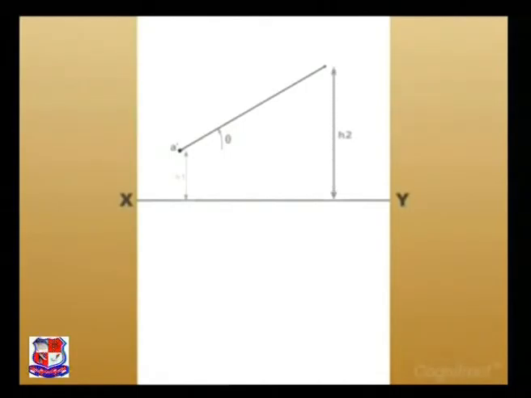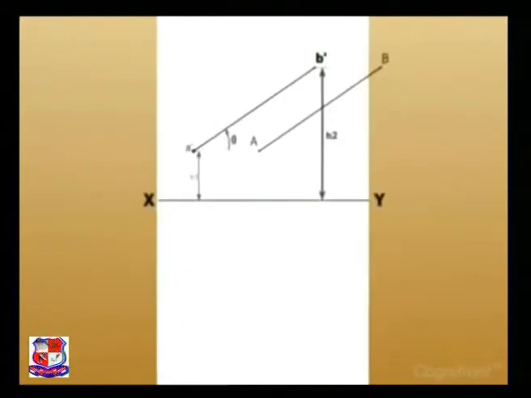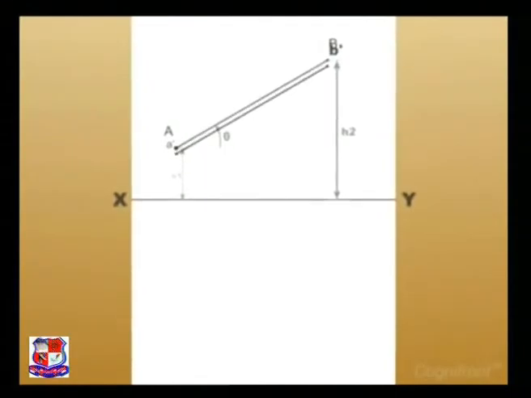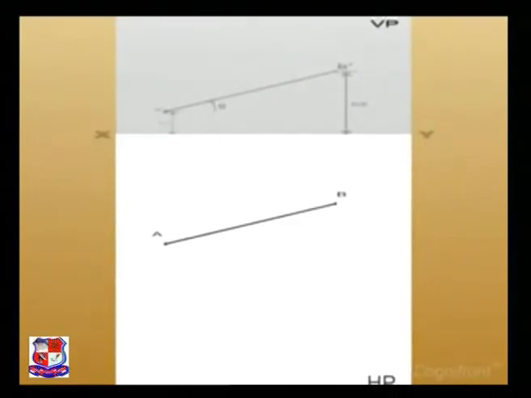Locate the other point B'. So, line A'B' will be the front view of line AB. Now, change the position of the observer. Looking from the top view, the projectors are passing through A and B and meet the HP orthogonally at points A and B. The line AB is the top view of line AB.